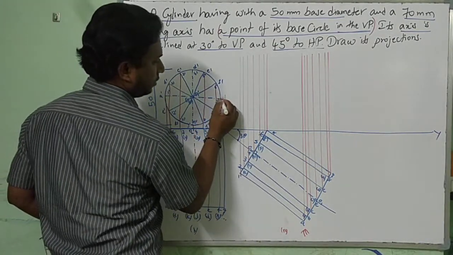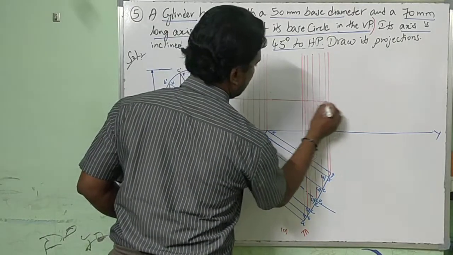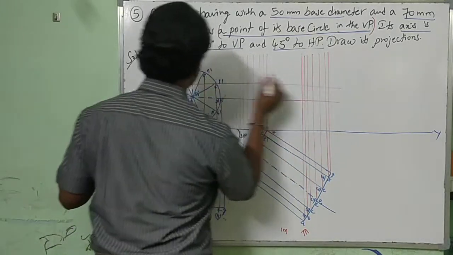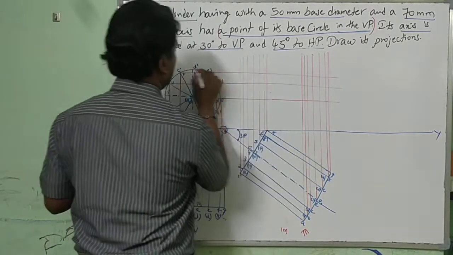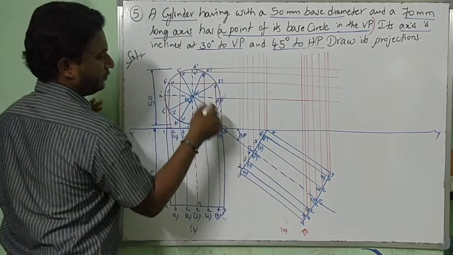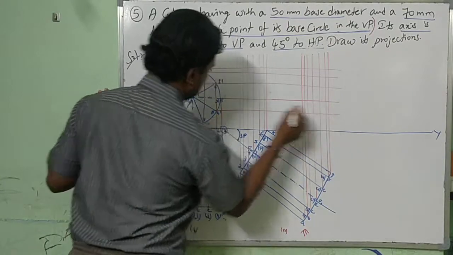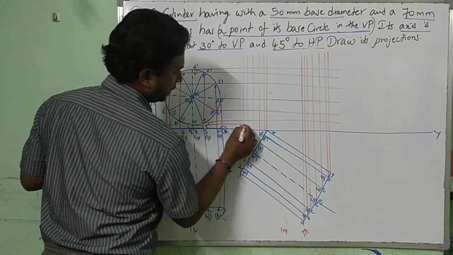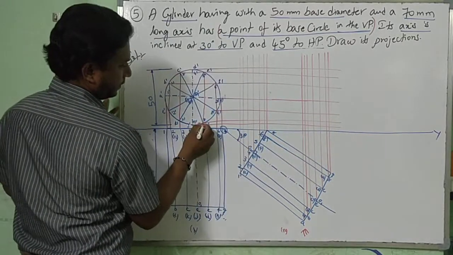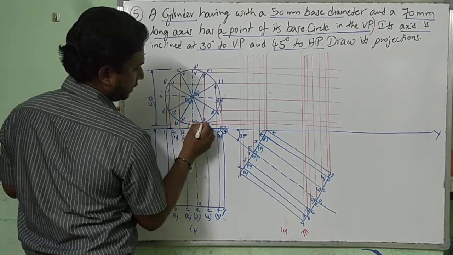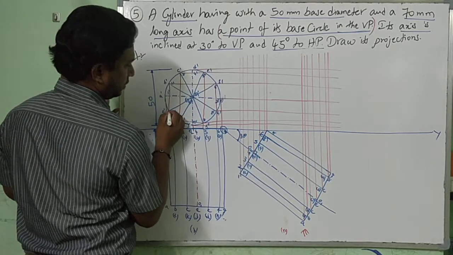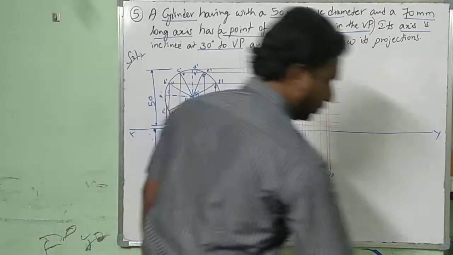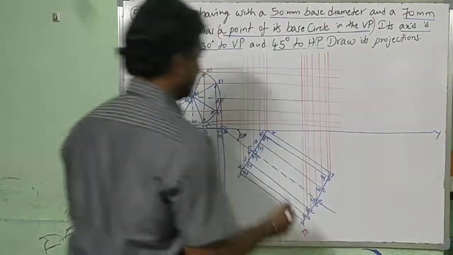From A, B, you will be confused, more lines. C, D, E, F, G, H, I, J, K already passing through here. Oops. Hope you got some good points by drawing vertical or intersection.